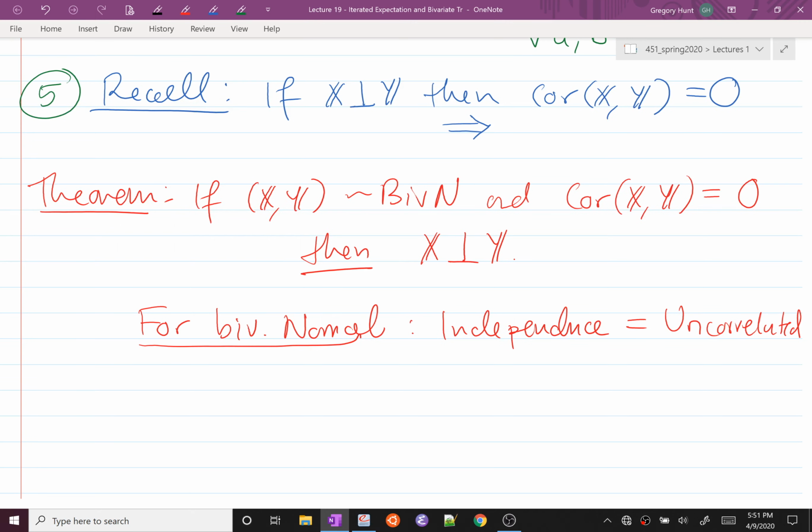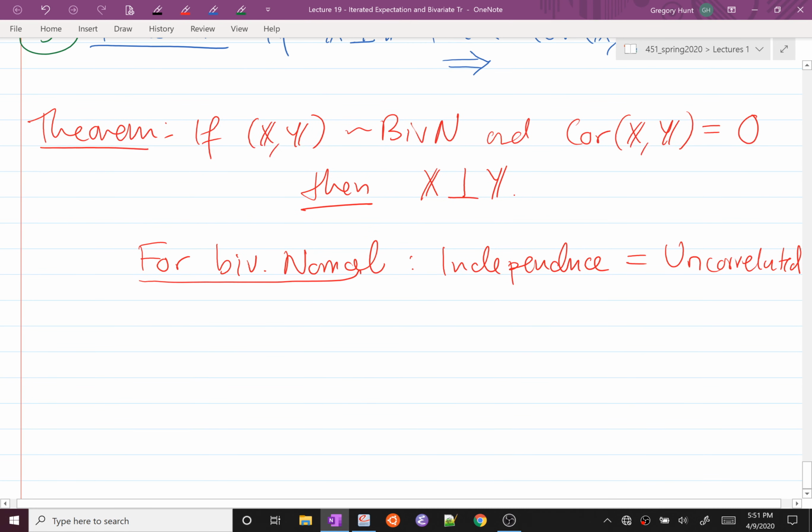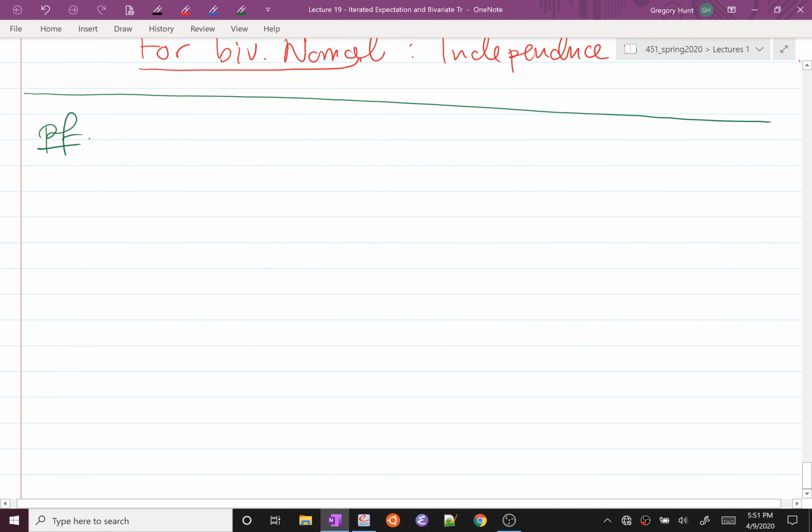That's a very useful fact and shows up all over the place in statistics: if we assume things are bivariate normal, and we want to show they're independent, we just need to show they're uncorrelated. And it's very useful. Let's do a proof of this. It's actually not so bad, and it's a good review of independence.